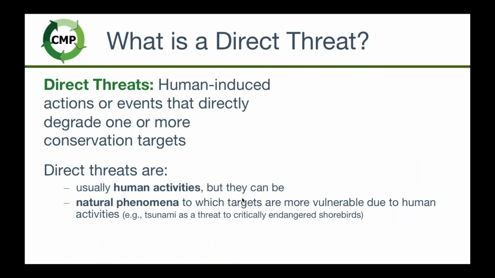The definition of direct threats: human-induced actions or events that directly degrade one or more conservation targets. They're usually human activities, but they can be natural phenomena to which targets are more vulnerable due to human activities. Like, if you are managing for critically endangered shorebirds, they could be threatened by a tsunami, and so that can be included as a direct threat.